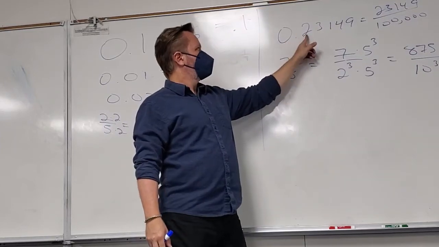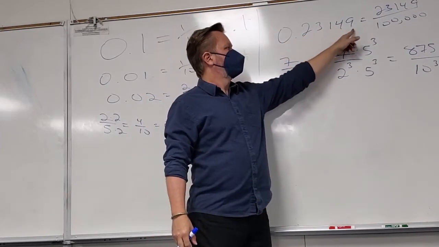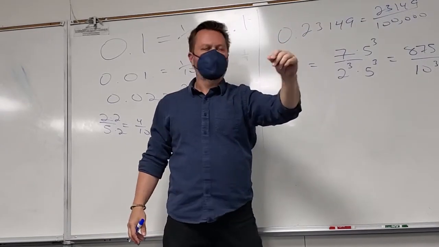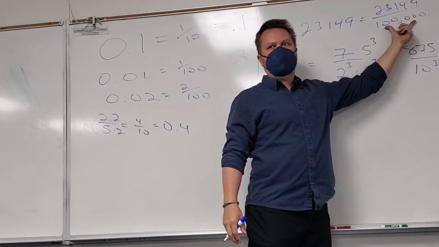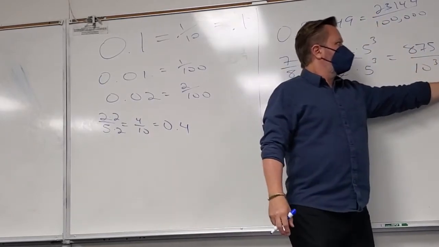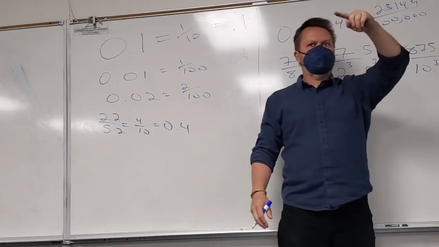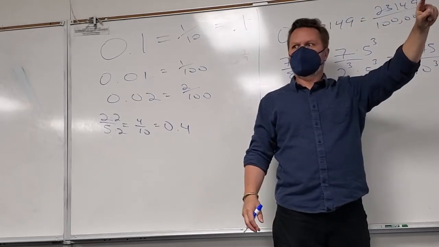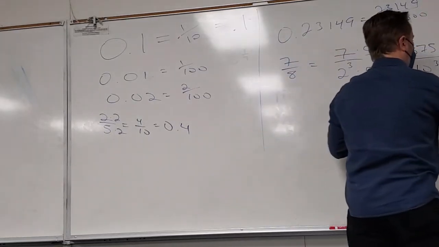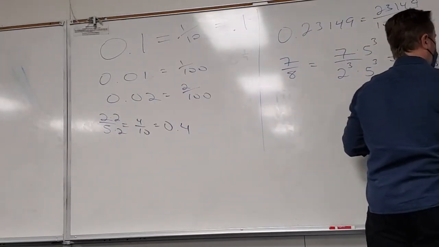Tenths, hundredths, thousandths. So the last digit in a decimal tells me what that is, right? So this is over 1,000, so the 5 has to be in the thousandth place, right? You guys with me? So let's see, tenths, hundredths, thousandths. There you go.